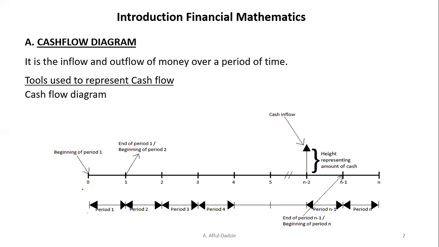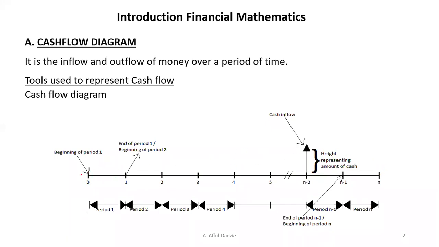Period 0 always refers to today, the very moment you are in now. And period 1 will be the next period. If it's a year, then this is 1 year from today, this is 2 years from today. If it's a week, this is 1 week from today, 2 weeks. If it's a month, 1 month from today, in that order, whatever number of months that we have.